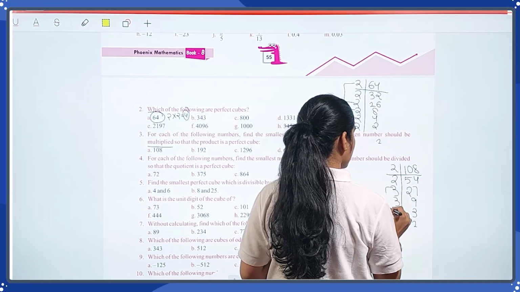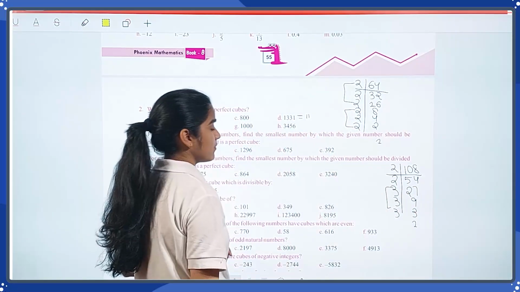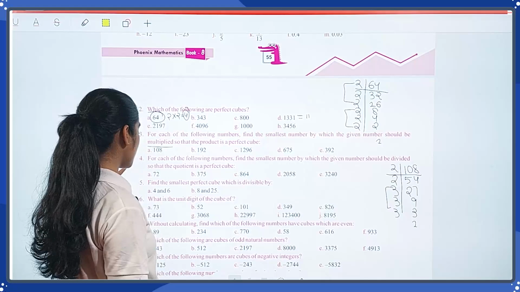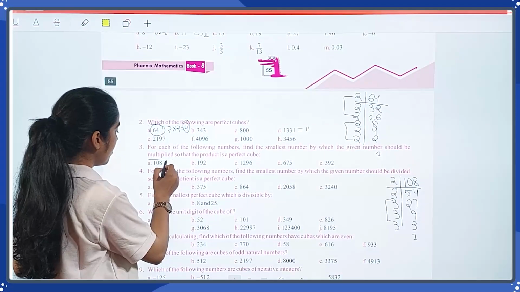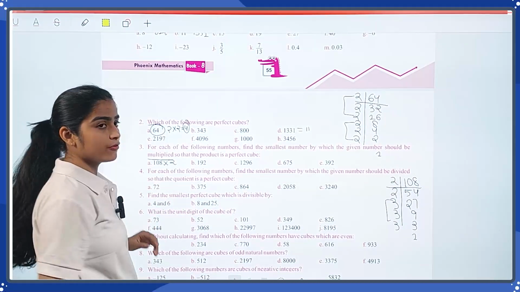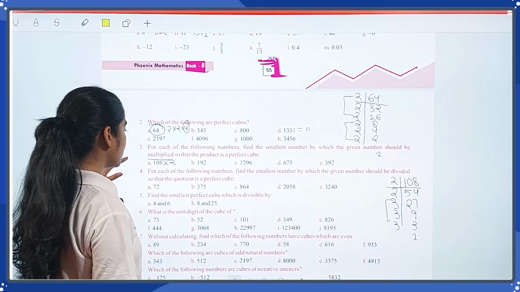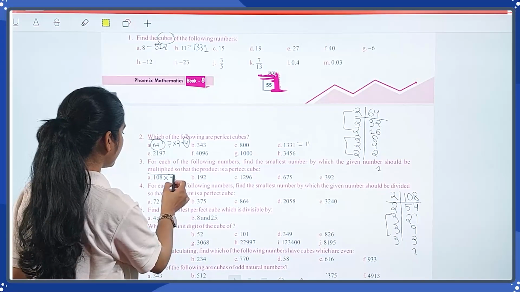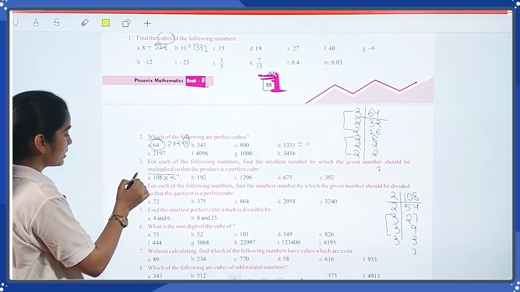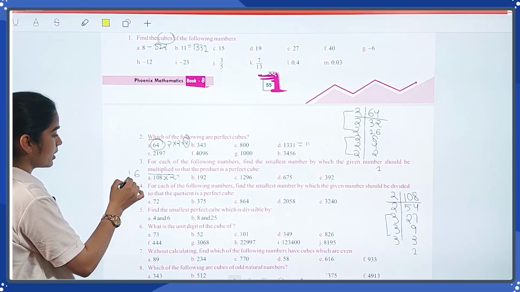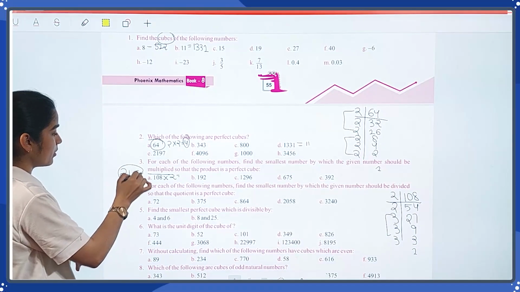It means we only have a triplet of 3 and we have a pair of 2, which means we have to multiply this number with 2 to get a perfect cube. Okay, so in that way you can find out, and after that you will get 216. This is your perfect cube.